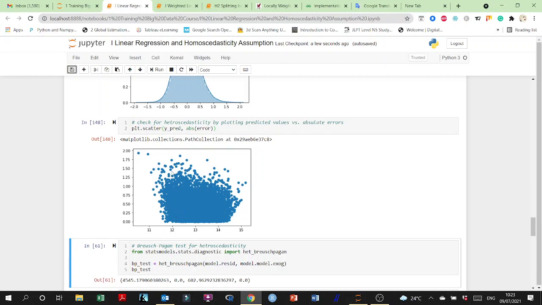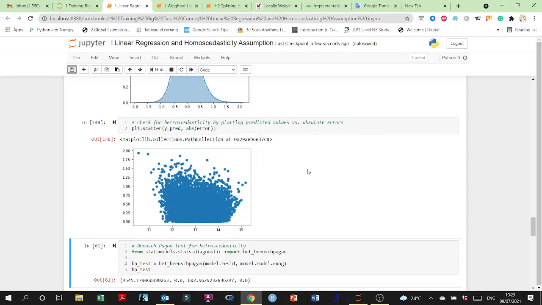As you can see here, you can probably detect a little bit of a megaphone shape. There isn't much variance up to 1, but at errors higher than 1, we can see a lot of variance and noise.